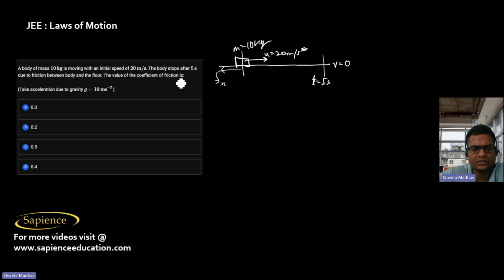The frictional force is mu k into mg. This mu k has been asked. Acceleration due to gravity is 10 meter per second square.